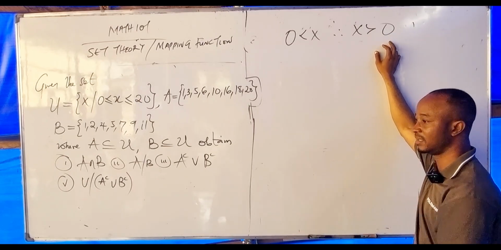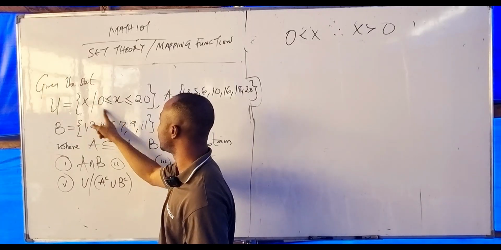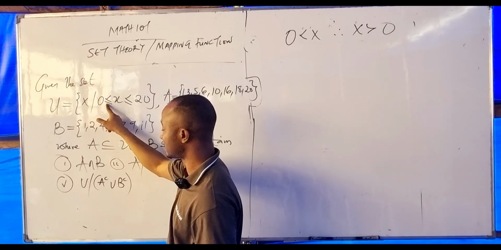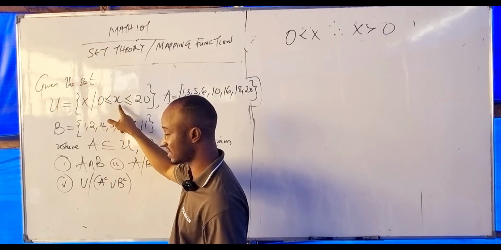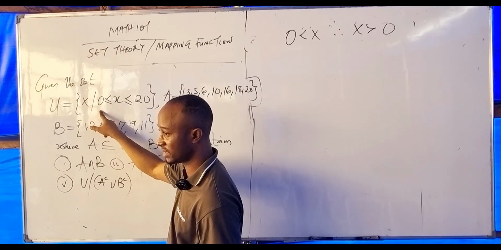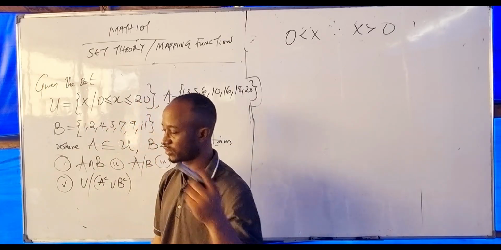Are you getting it? Okay, look. I want to interpret this and bring out all the values of x. Here we are told that 0 is less than or equal to x. The reverse of this means x is greater than 0. If 2 is less than 3, that means 3 is greater than 2.